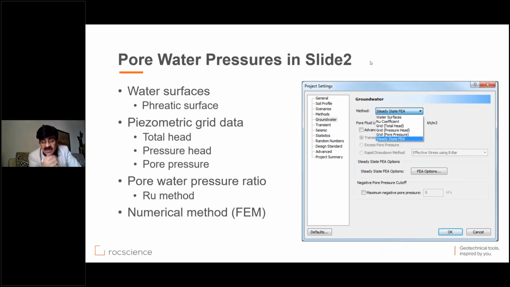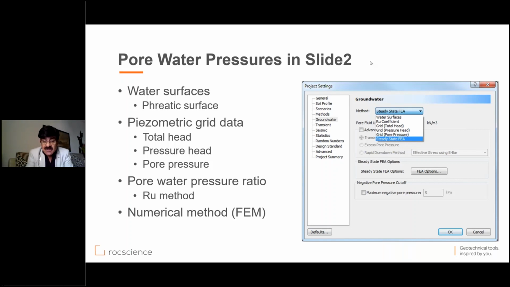That particular example is from a real life case study, which is the failure of a levee during Hurricane Katrina in 2006. So water surface is one option. Another option is piezometric grid data, and we are going to look at some examples of how to apply the pore water pressure in terms of piezometric grid data.